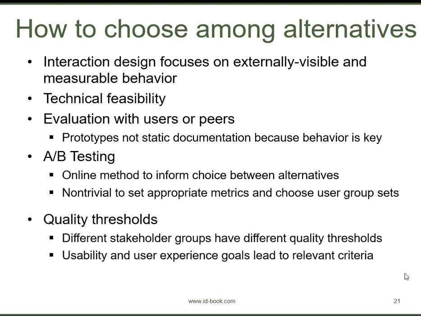This decision will be informed by the information gathered about the users and their tasks, and by the technical feasibility of an idea. Interaction design focuses on externally visible and measurable behavior, and on technical feasibility.